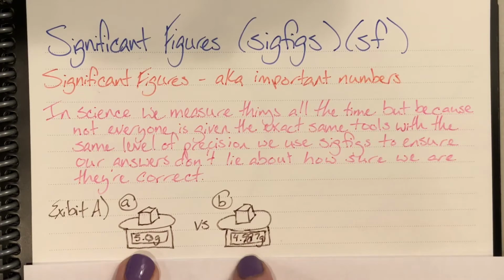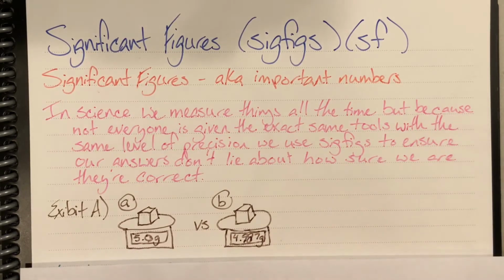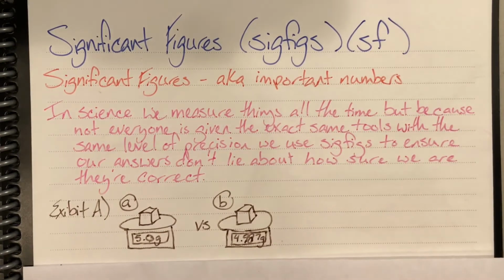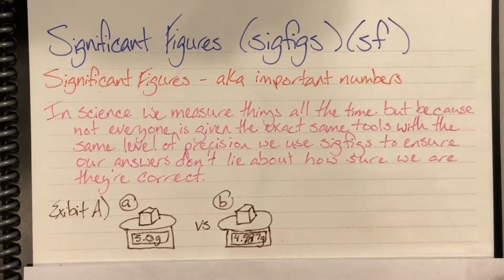It's 4.987. Since this scale could only guess that first decimal point, it wasn't able to see all of these numbers behind it. So when we report our answers, we need to tell everybody looking at our work whether we are kind of certain or really certain about the mass.